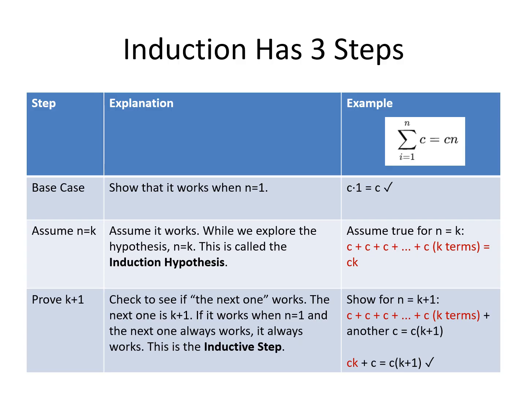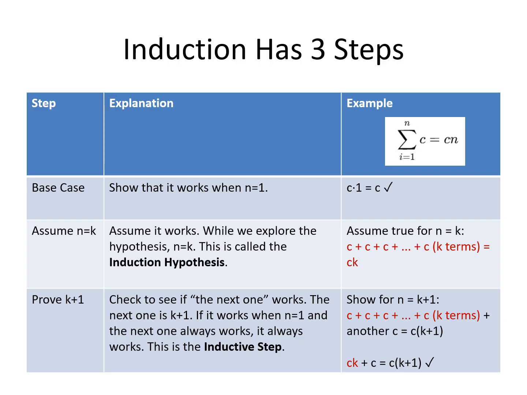Now, the proof step is that I show that it works for the next one. So I have C plus C plus C plus C, k times, and then plus the next one, which would be one more C. And our job is to show that this does in fact equal what would happen if we put a k plus 1 on the other side in place of k.